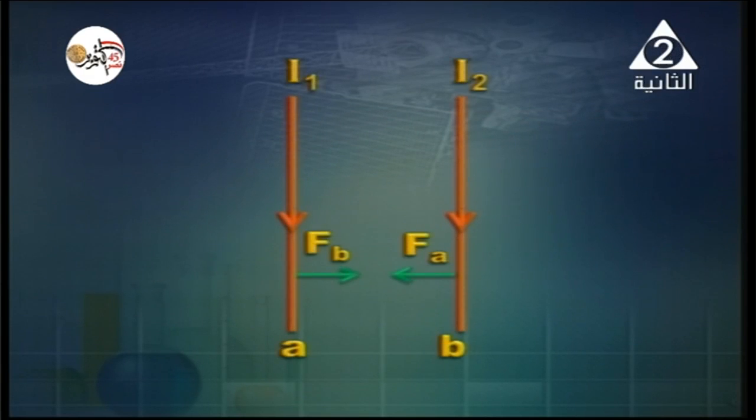Okay, in front of you we've got two wires, A and B. A carries a current I1, B carries current I2.